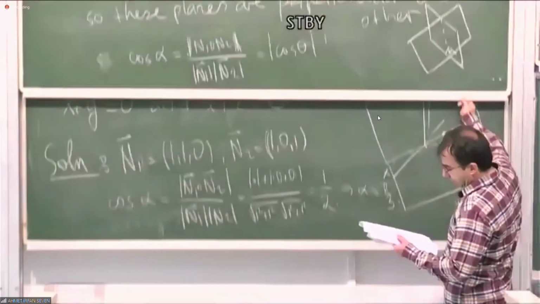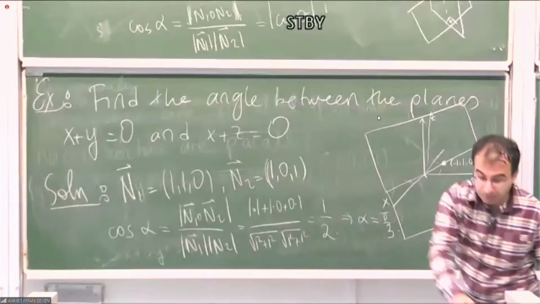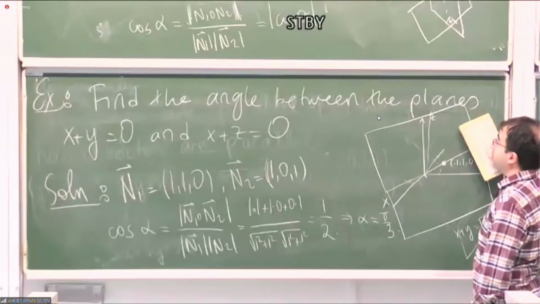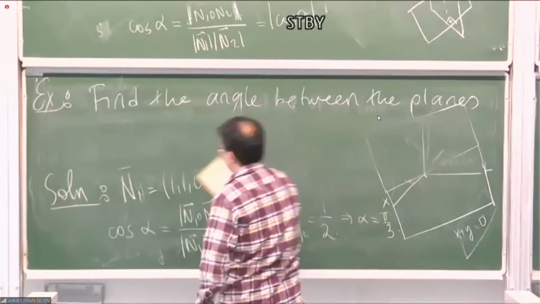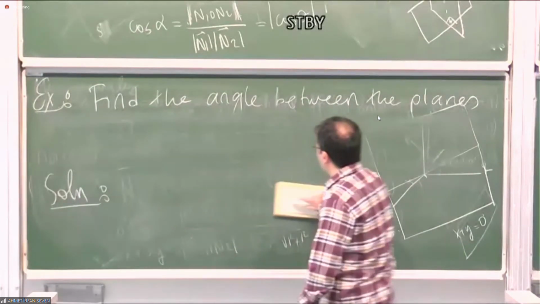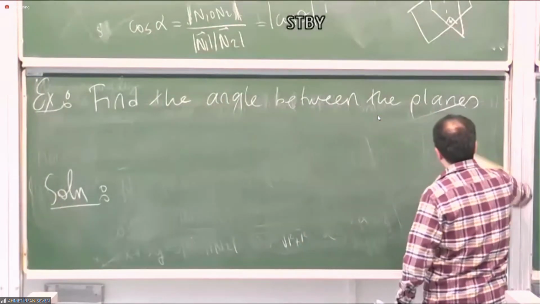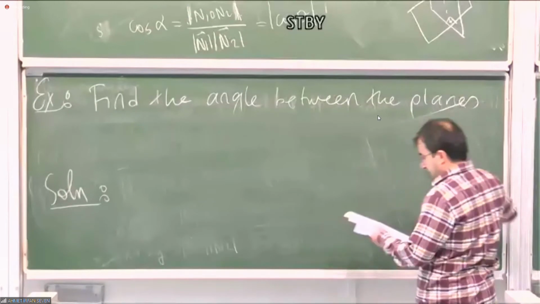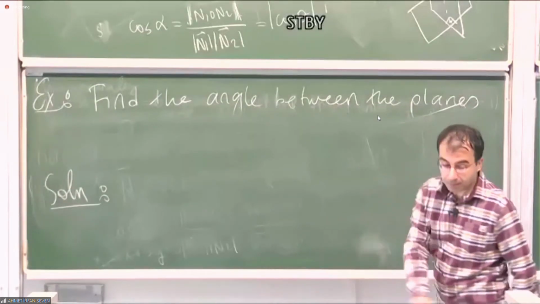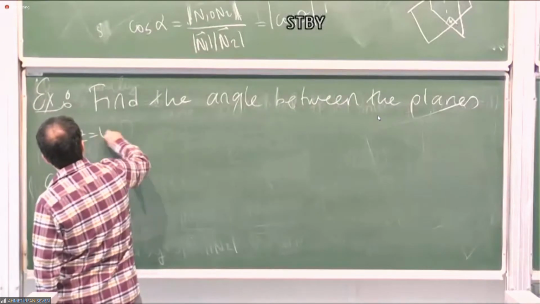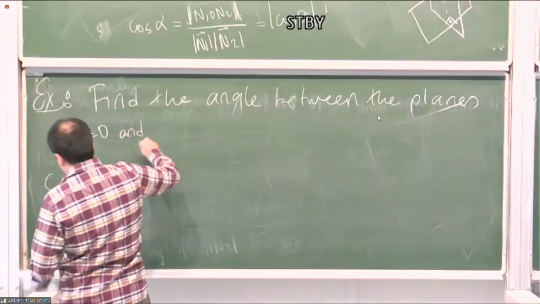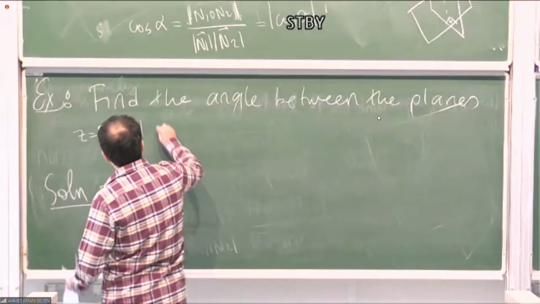Let me take one more. Let's find the angle between the planes z equals 0 and y equals 0.